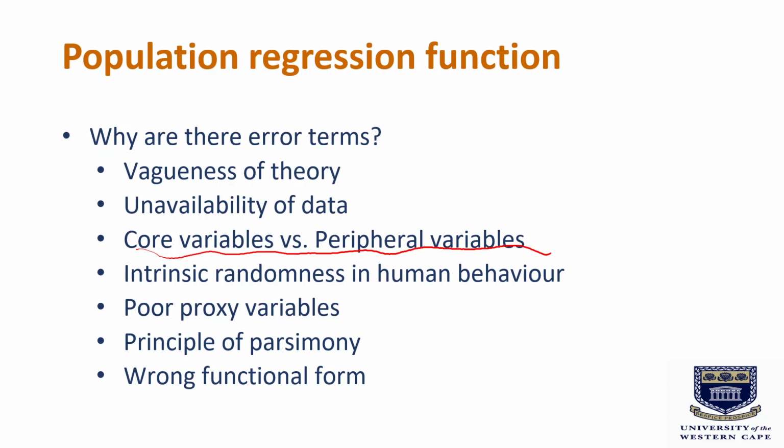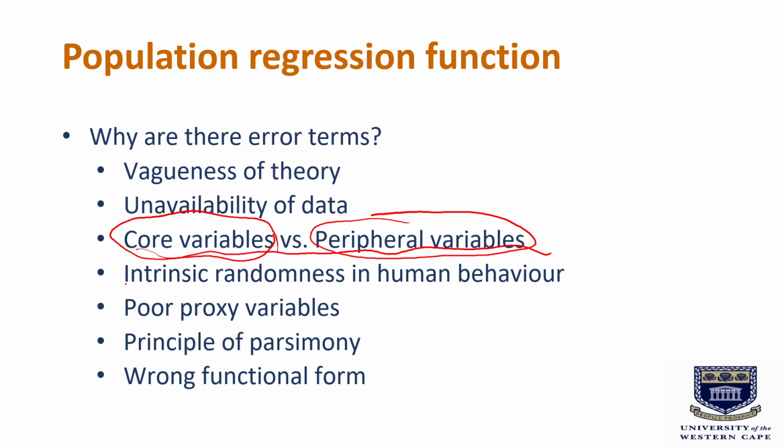All sorts of variables can be thrown into this model that we might believe has at least some relevance for explaining expenditure. But we might be prudent and say that we're only going to keep the core variables, the most important variables we believe explain expenditure, and leave out some of the more peripheral variables. Let's say we believe religion does matter, how religious someone is might explain how much they spend, but we're going to leave that out because we don't believe that it's that important an explanatory variable. Again, when we do this, we will be introducing some sort of error into the framework.